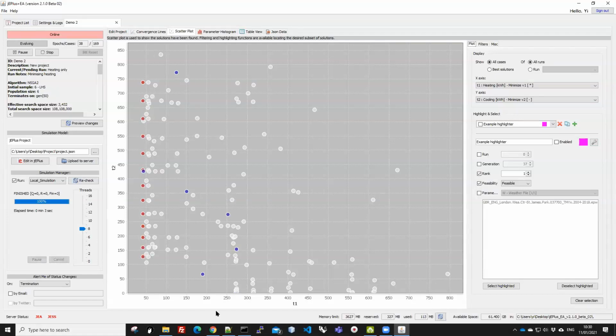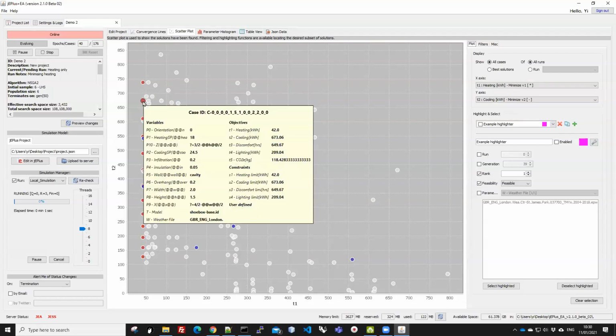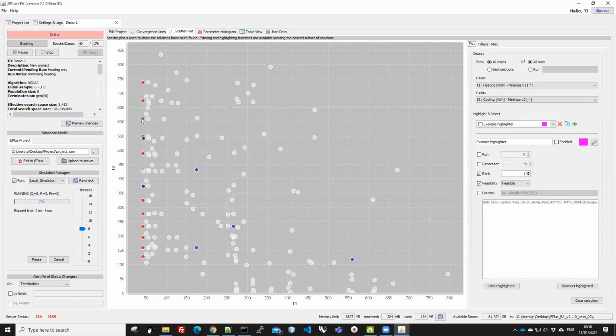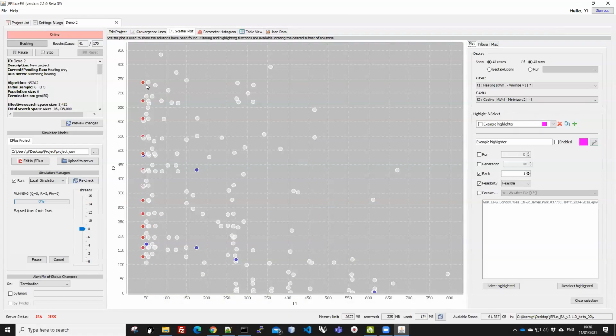Because we only have heating as the objective, the algorithm considers all of them equally good. Does it make sense? Because we're only looking at heating, and they all have the same heating value, which is the lowest compared to the rest, they are considered to be equally good.